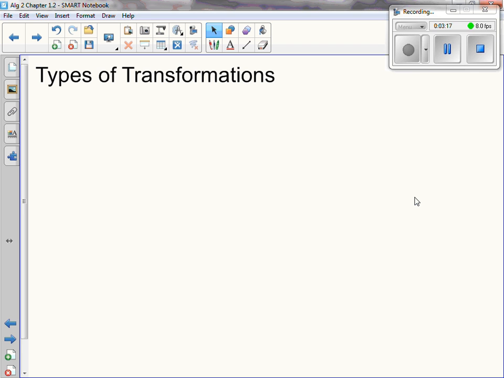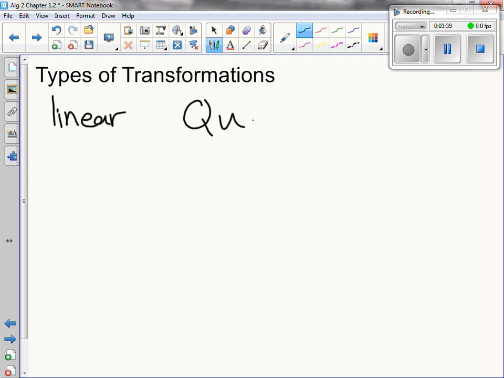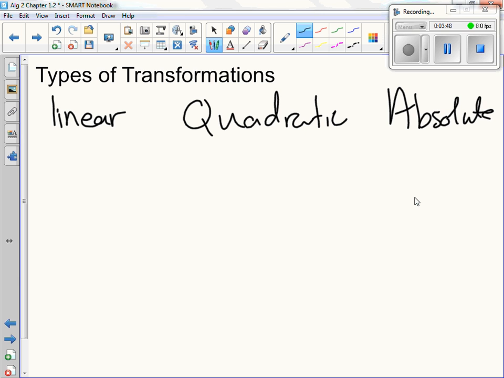Okay, I want you to turn your note sheet all the way over because we're going to put some additional information on the back about these transformations. There are several types of transformations. Now our linear, quadratic, and absolute value functions.